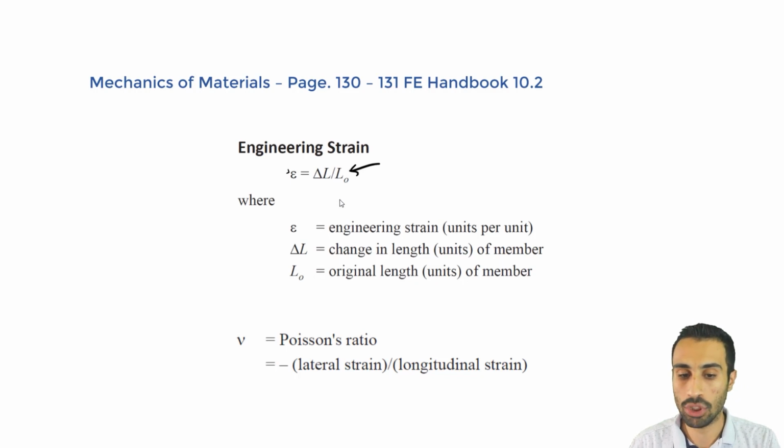Just note that the initial, or original, length is our L value. We denoted that. And the change in length is given. That's the elongation after we subjected this rod to a certain load in kips. So we just apply that equation for the longitudinal strain.